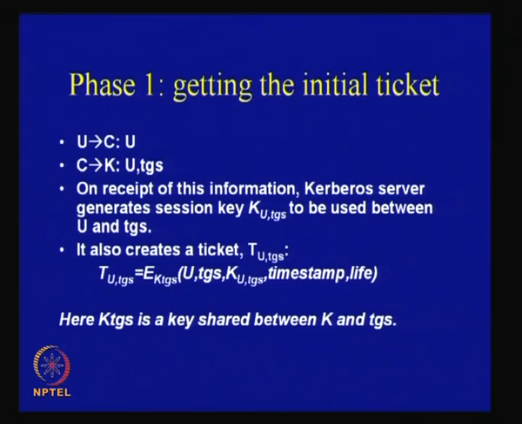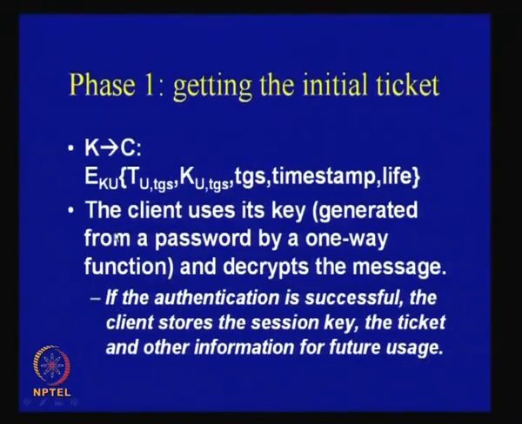One is KTGS, the long term key of the Kerberos server for the ticket granting service, and the other is KU, which is maintained by the Kerberos server for the user U.